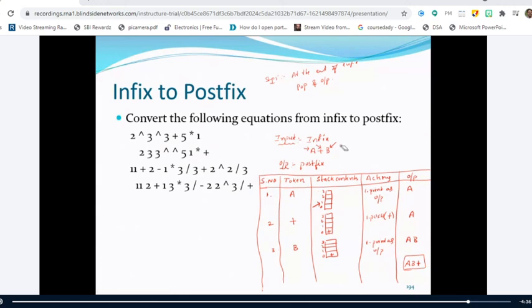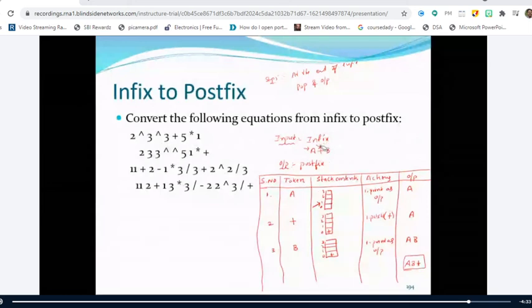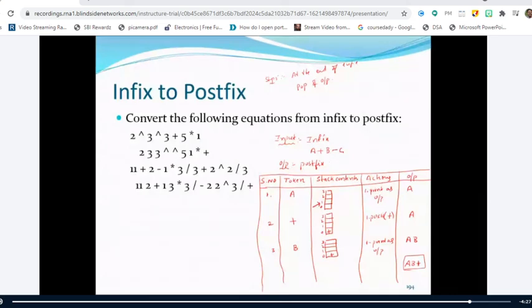Yes, sir. So let us extend this problem. A plus B, let us do it with minus C. Now tell me, after reading B, what is the next token that is read? Minus, sir. Minus, right?